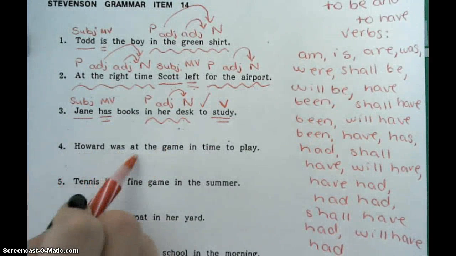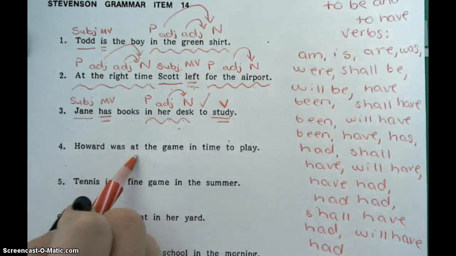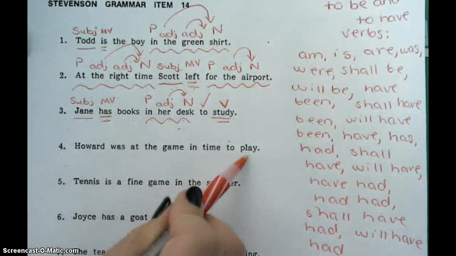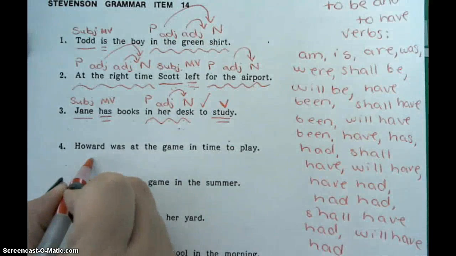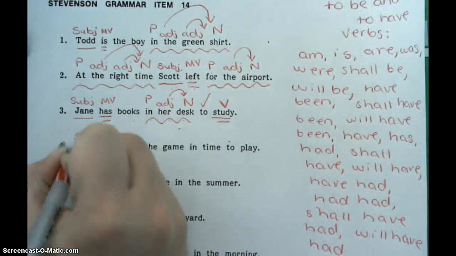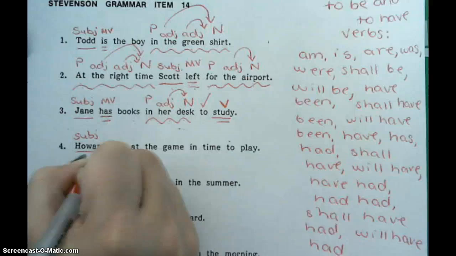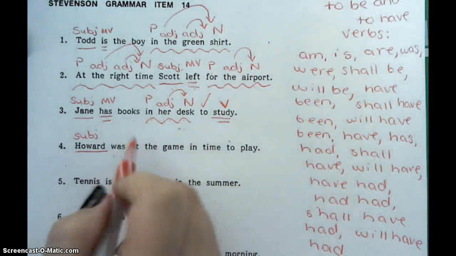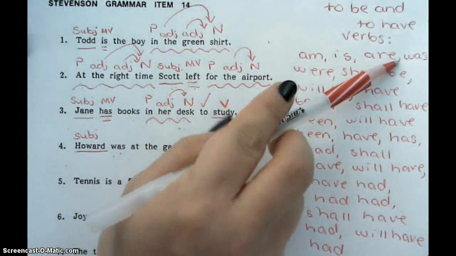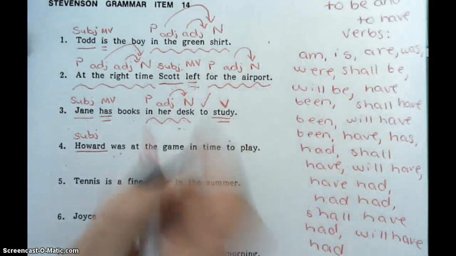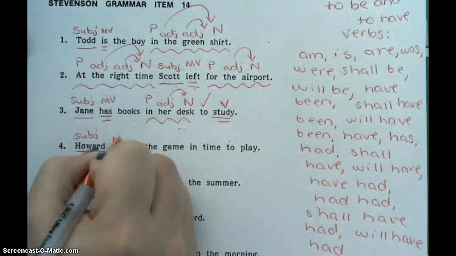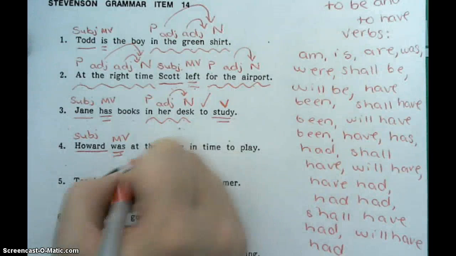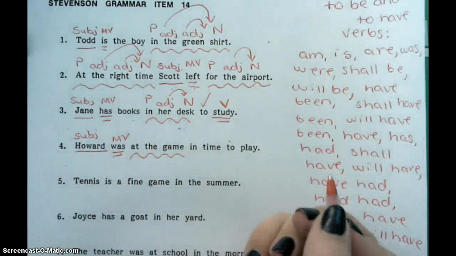We have Howard was at the game in time to play. So Howard is our subject. We're going to underline that. Was, it's not an action, but it is on our to be and to have lists, was. So I'm going to double underline because it's our main verb. At the game is a prepositional phrase, so I wiggle.